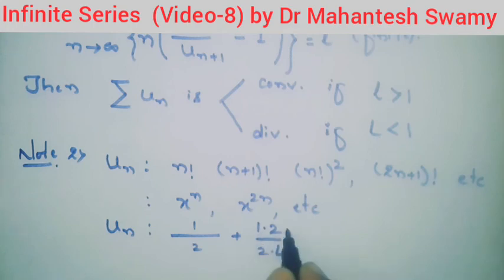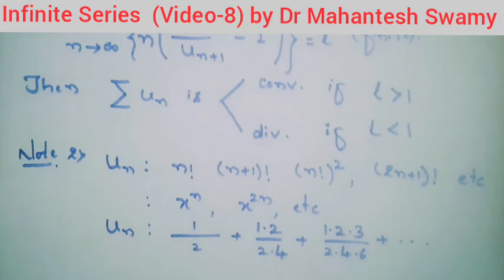What is happening? The terms are increasing. In the third term, 1 into 2 into 3 divided by 2 into 4 into 6, like that. Therefore, in that case also the ratio test is preferred.